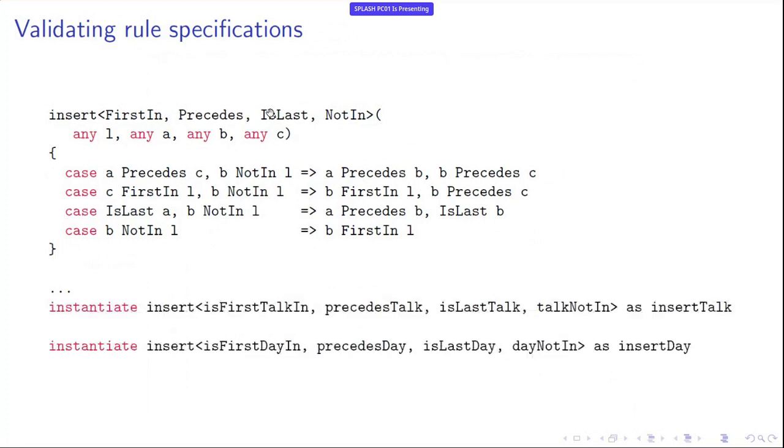But when you instantiate this rule, we will actually have this information. So we will know the types here, and then we can deduce the types of these elements, and the IDE will be able to show the programmer error messages if something is wrong.